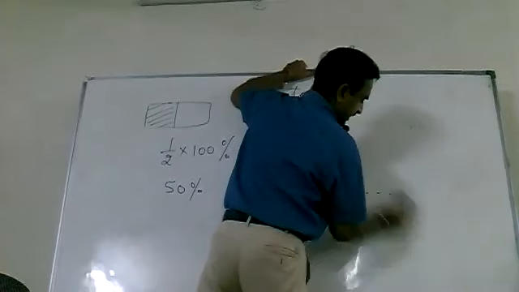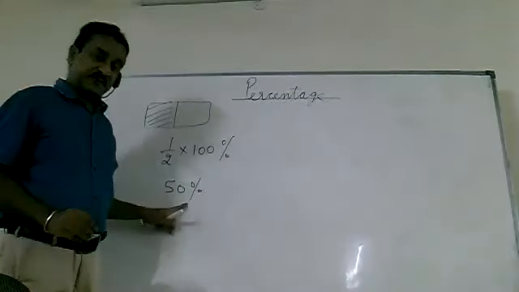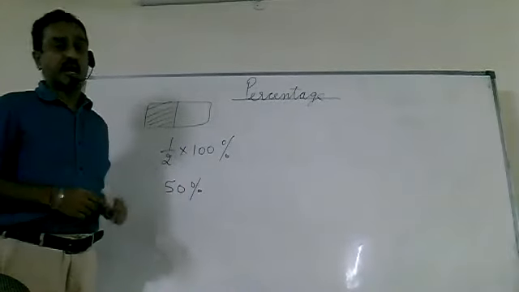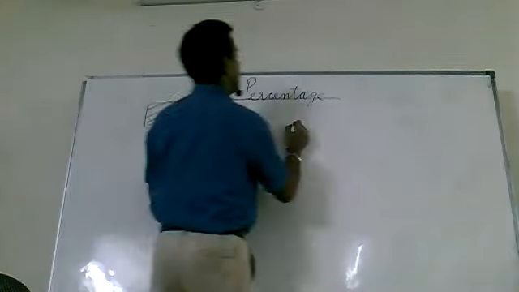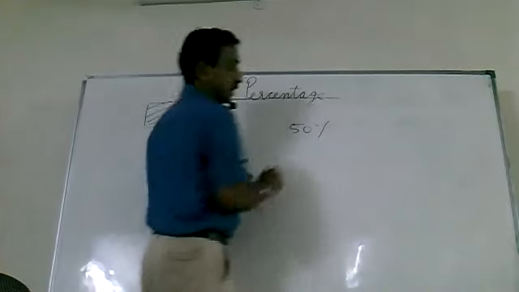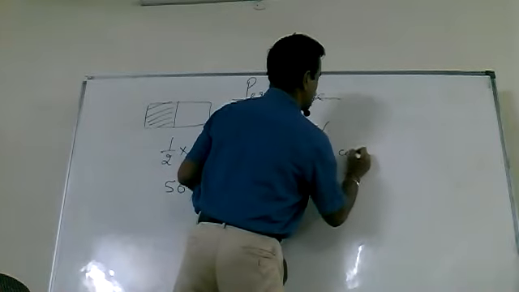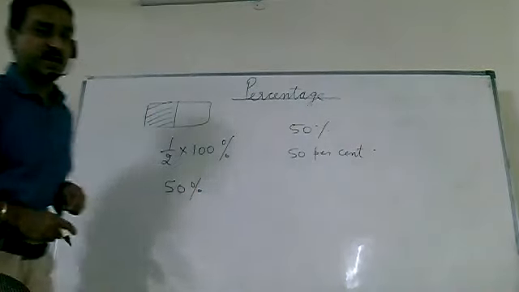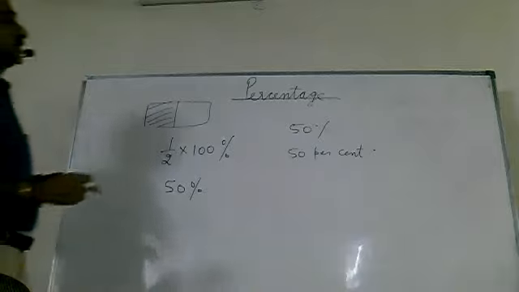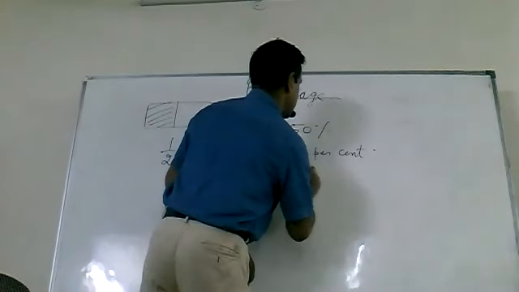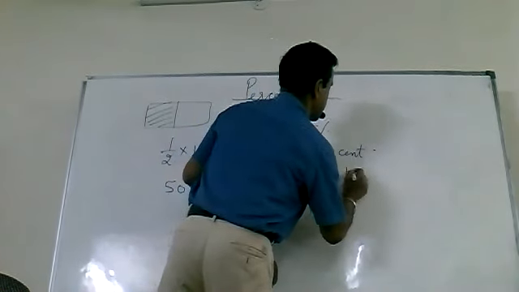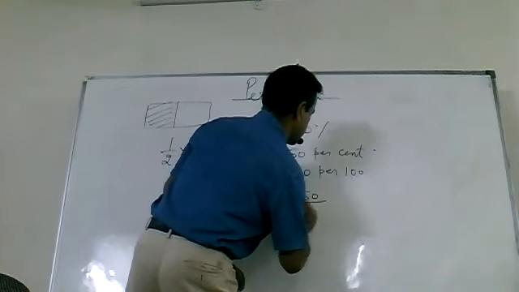Okay, now in this case, if somebody says 50% has to be converted back to the fraction, then what do we do? This 50%, right? So 50% is 50 per 100, yani 50 per 100.